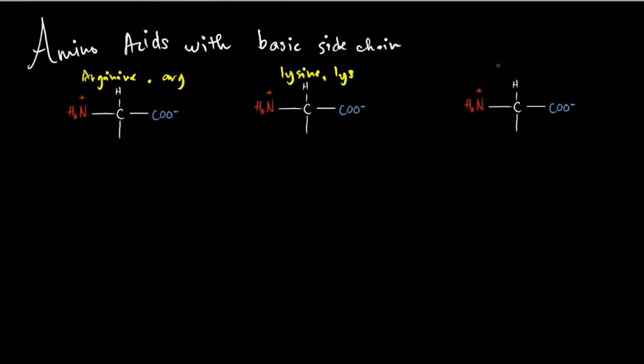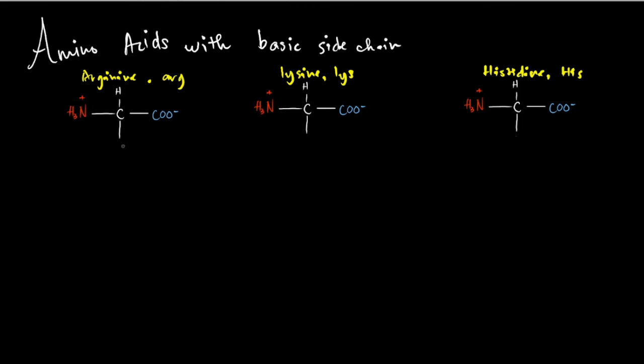And also we have histidine, which is abbreviated as HIS. So for these compounds, medyo mahaba lang sila. Ano? So the side chains are actually relatively long. And what makes them basic is actually the presence of our amines. So by presence of amines, ganito yung magiging itsura nila.